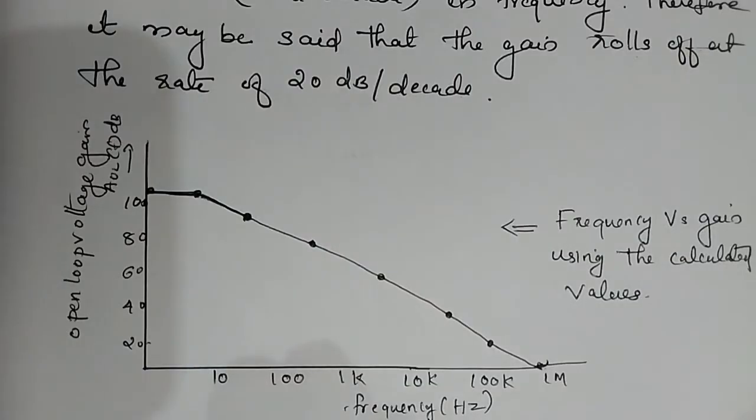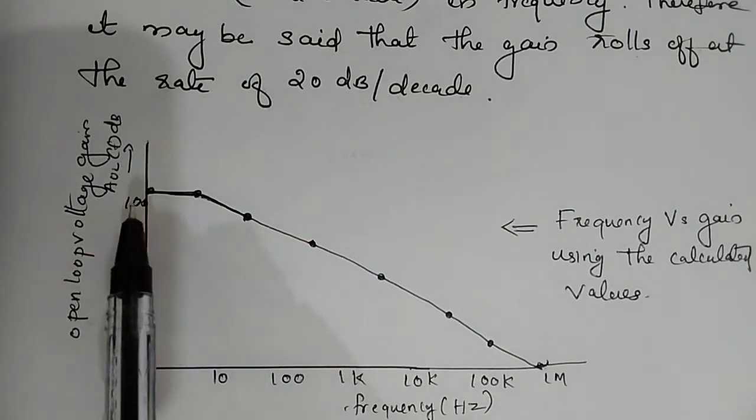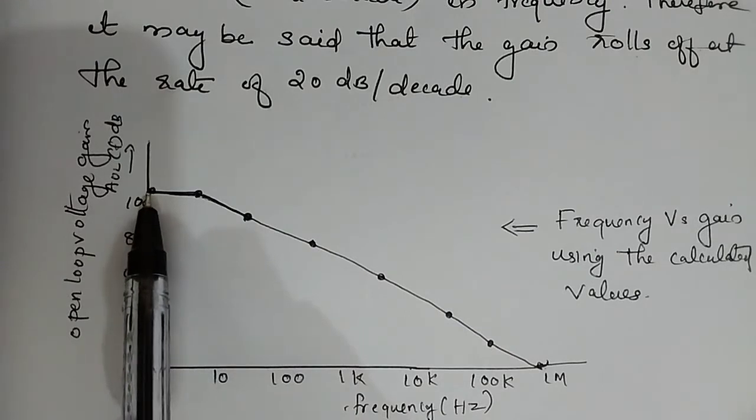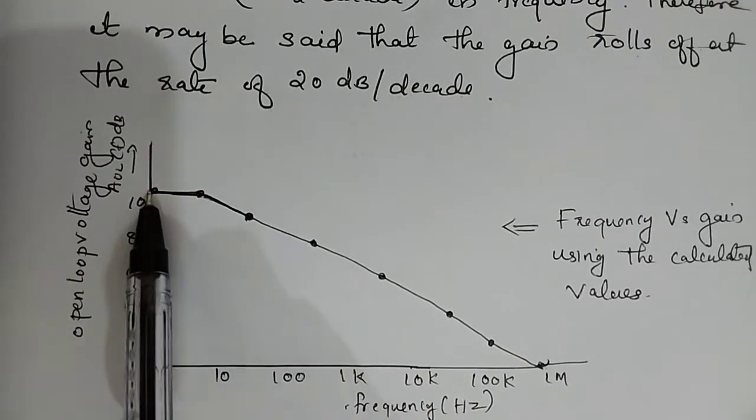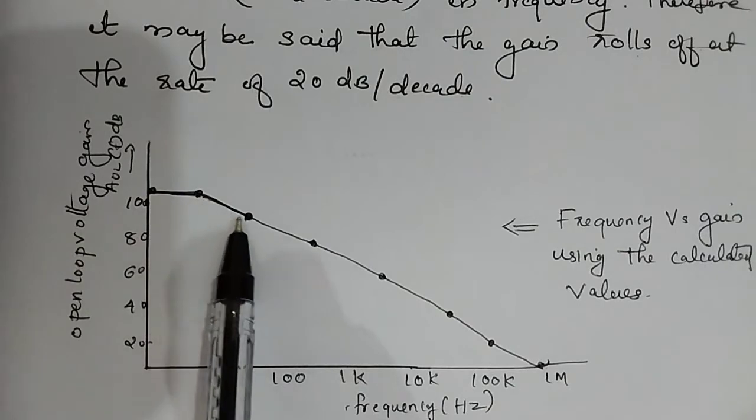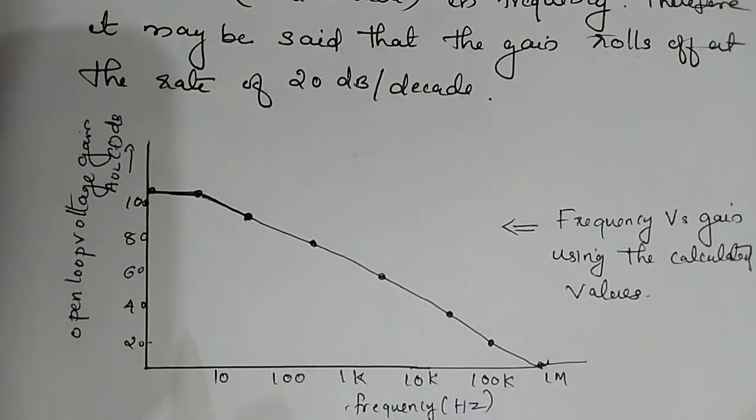We can plot a graph by using frequency on the x-axis and open loop gain in dB on the y-axis. We can see that the gain is approximately constant in this range and rolls off at a constant rate.